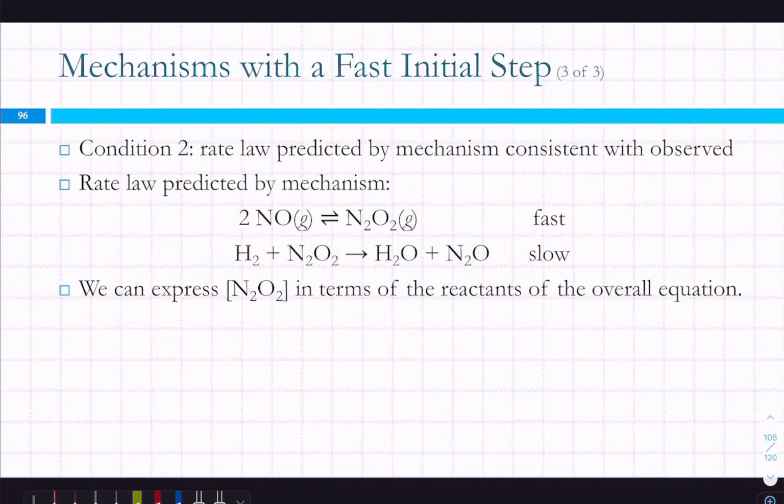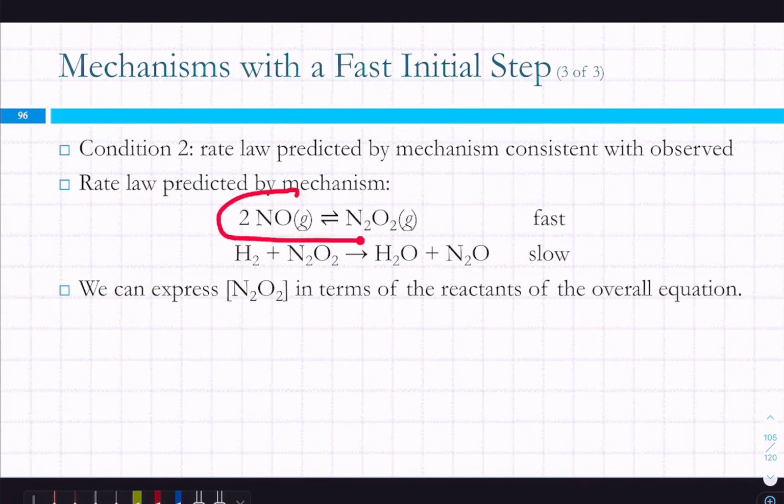So we need to take this amount of N2O2, the dinitrogen dioxide, and express it in terms of the reactants that we have in our overall reaction. And sometimes this is easier, sometimes it's harder. For this one, we can kind of do this just by inspection.